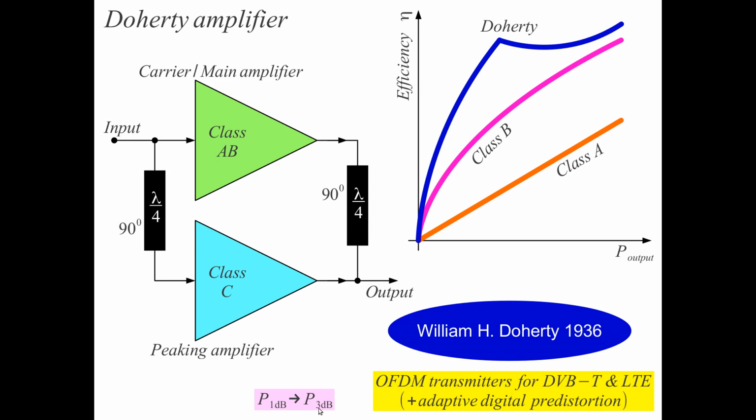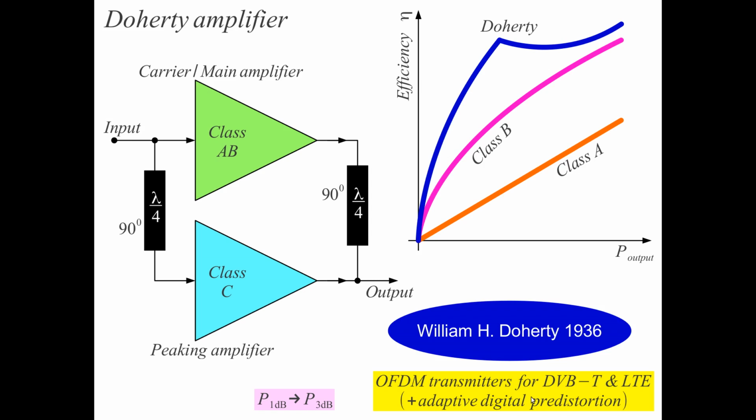If this power is significantly larger than the P1 dB, then this can be used, especially in multi-stage amplifiers, from the small signal part of the transmitter using digital circuitry, the D2A converter, and then many power amplifier stages to reach the output. Frequently P3 dB can be used. Why? It has some considerable distortion, but we can remove the distortion by adaptive digital predistortion.